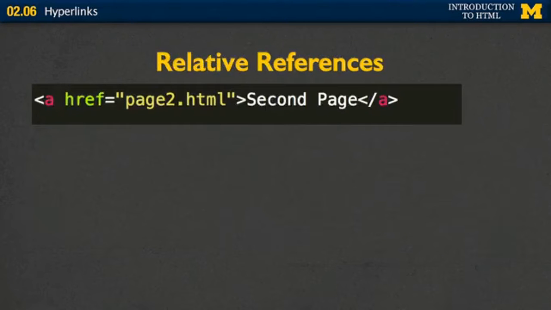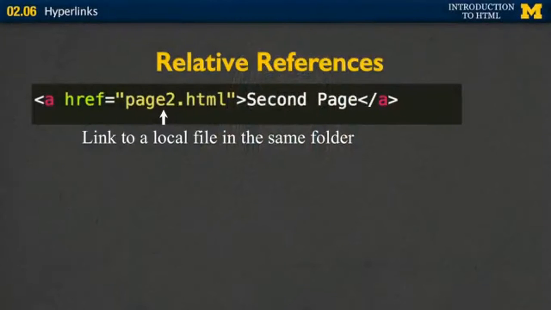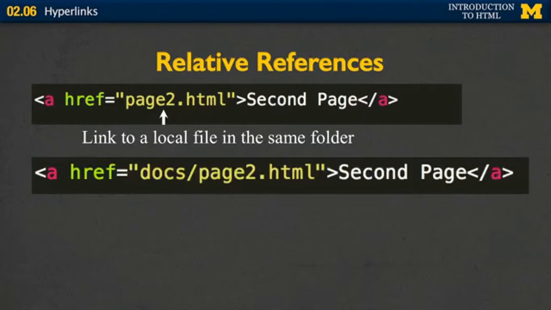For a relative reference, we slightly change what goes into the href. Instead of linking to some outside or even internal web page, we're only going to put, in this case, the file name. So in this case, we're going to link to page2.html. You might get slightly more in depth than that, where you can include also some sort of folder name.